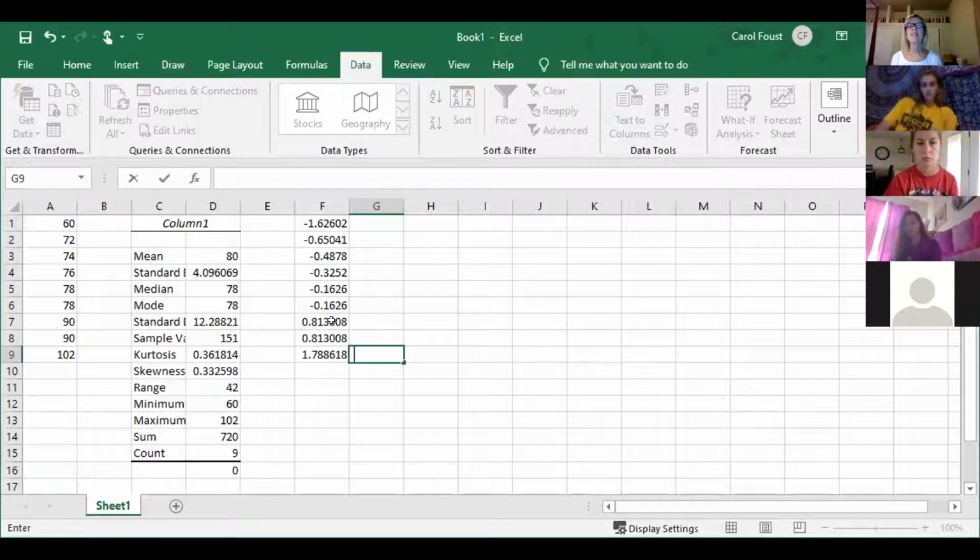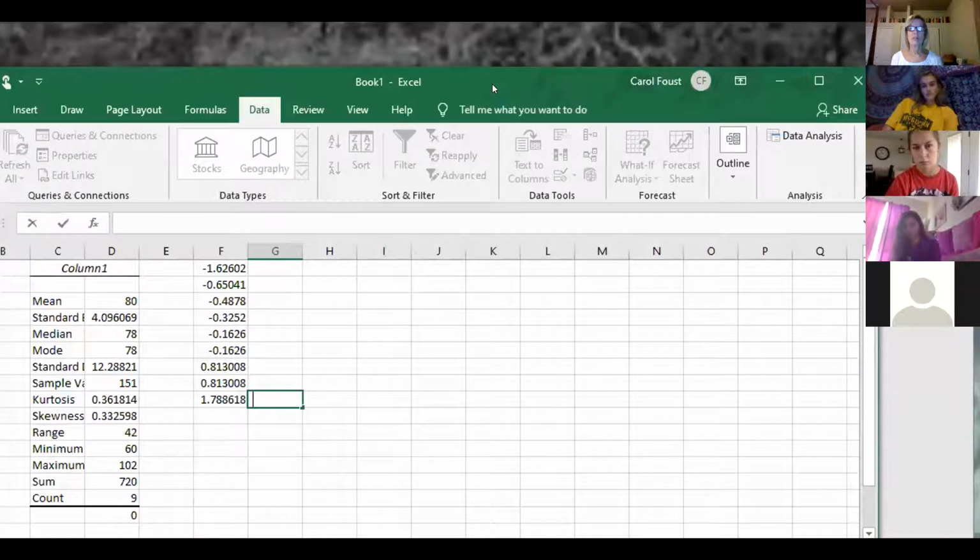And then we can put these z-scores on the normal distribution. Can you guys still see it?